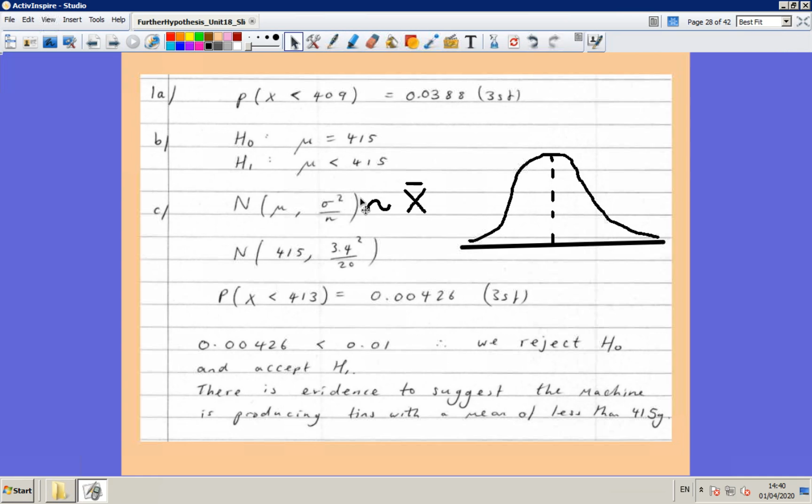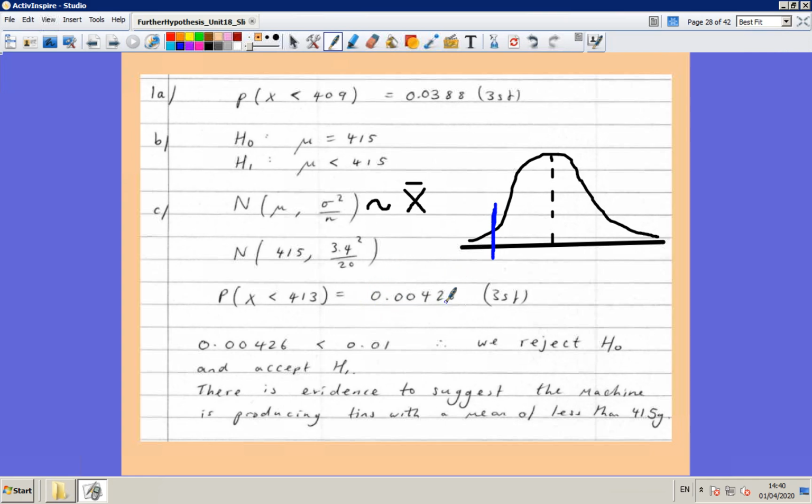And because what we're interested in is whether the mean is less than 415, we're looking for evidence at this end of the normal distribution. So we find out what's the chance of getting a mean of 413 grams or something more extreme, and that's equal to 0.00426.